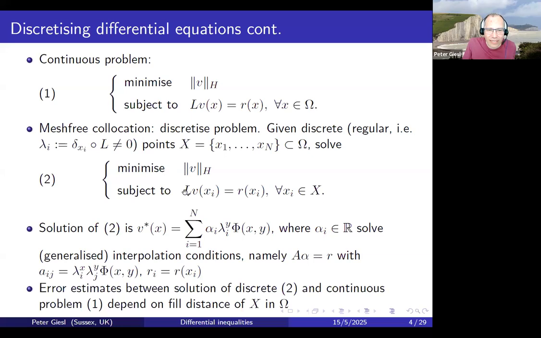It's really just how well the solutions of the discretized problem approximate the actual solution, what the error between them is. This L might not come from a dynamical system at all. It might be that for this application we can use some Lyapunov techniques, but it will depend on the fill distance and on the kernel.